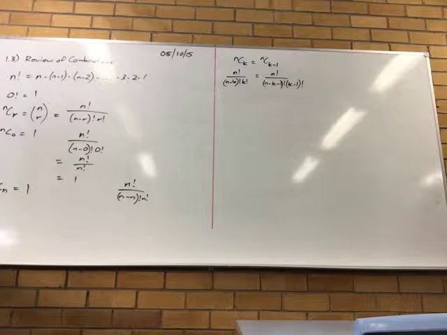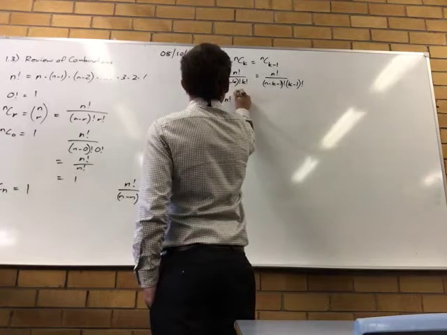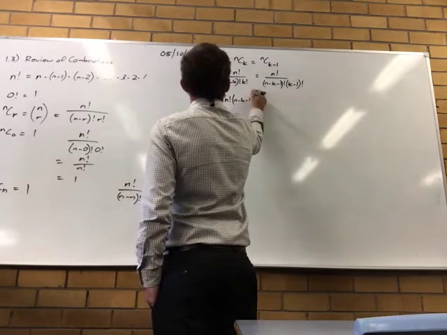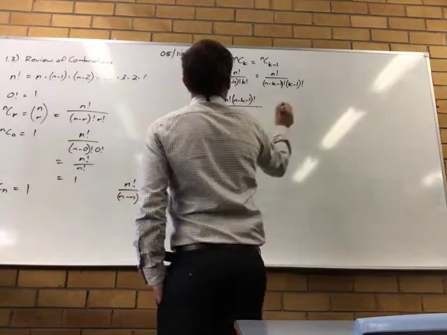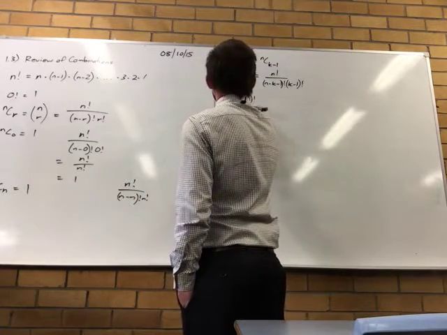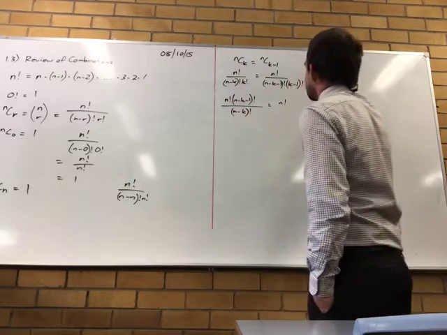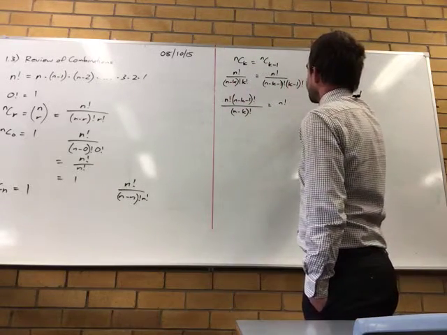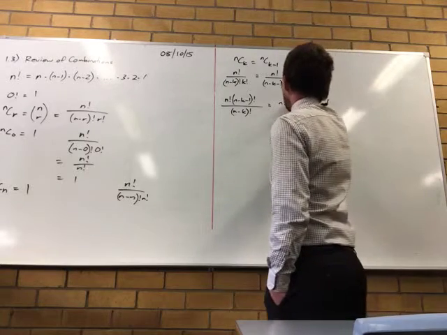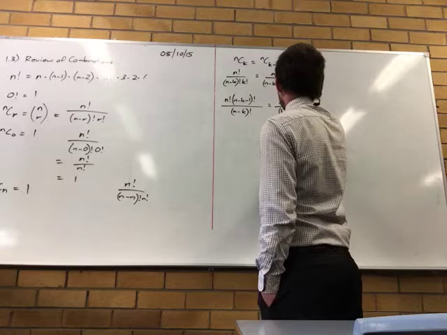Alright, so n factorial, n minus k take away 1 factorial over n take away k factorial is equal to n factorial, k factorial over k take away 1 factorial.